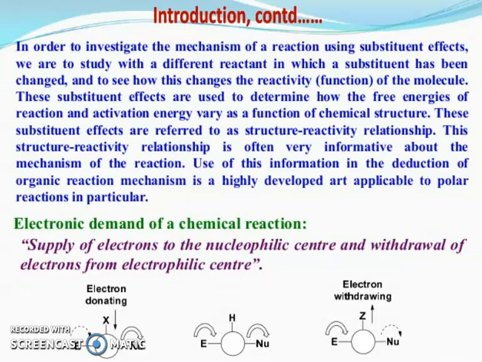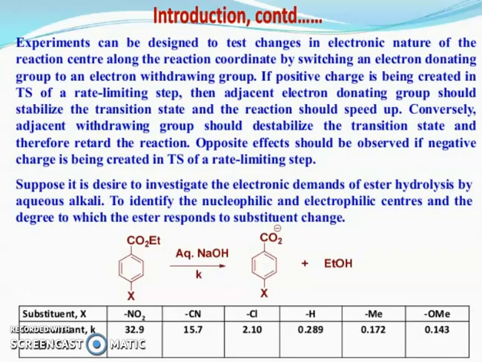So you can see the electron donating situation and electron withdrawing situation. So experiments can be designed to test the change in electronic nature of the reaction center along the reaction coordinate by switching an electron donating group to an electron withdrawing group.